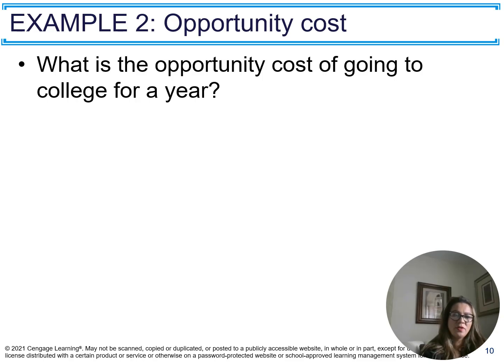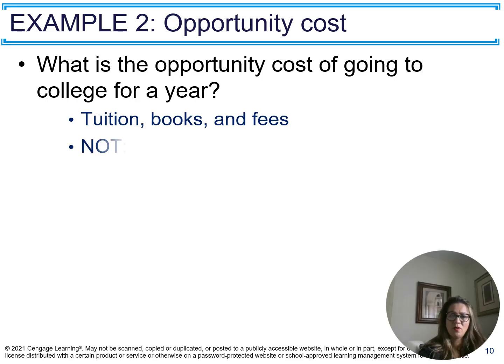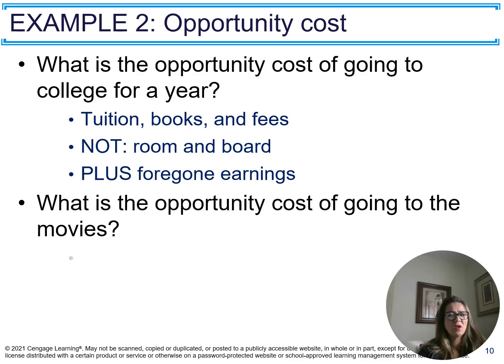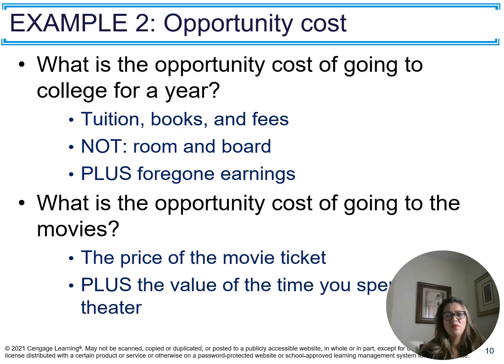So for example, if you think about going to college for a year, you can think, what is the cost of going to college? Well, you have to spend on tuition, books, and fees, right? You will have to spend on room and board, right? You would probably have some foregone earnings, right? But what is the opportunity cost from all these alternatives?